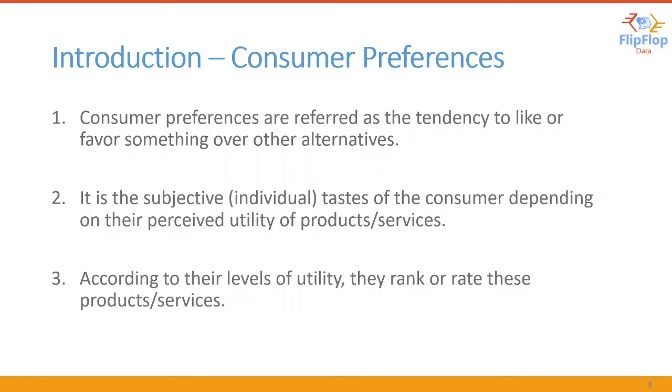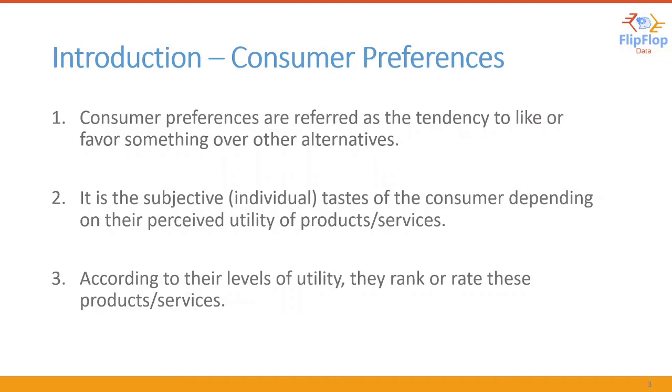So let's start with consumer preferences first. What is meant by consumer preferences? Consumer preferences are basically the underlying foundation of demand. It refers to individual consumers' set of preferences and values whose identification and determination is key to increasing the ROI of a business.